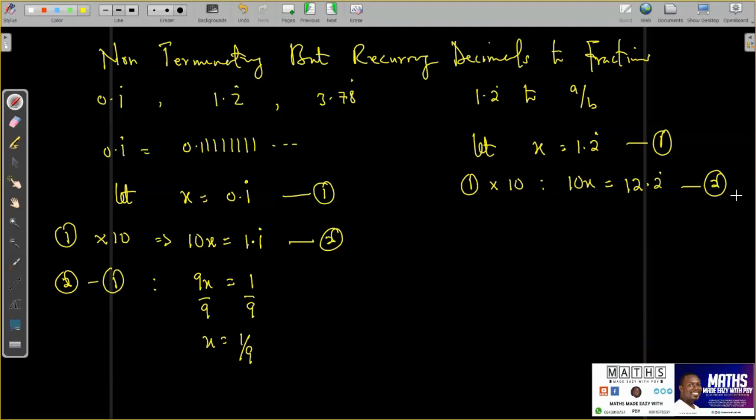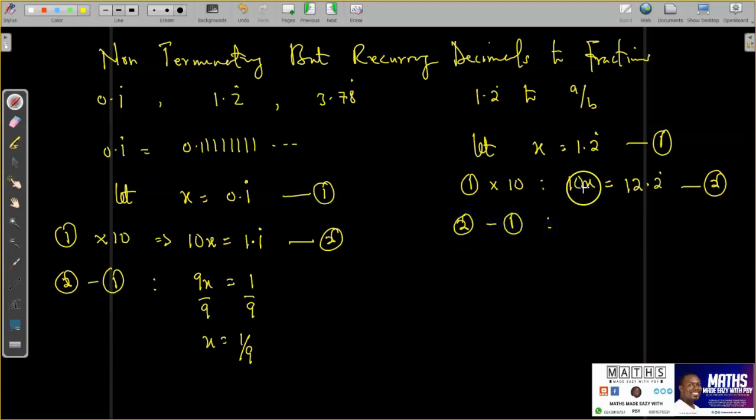So what can we do from equation 1 and 2? Are you sure we divide at this moment? No, you subtract equation 1 from equation 2. Yes, we subtract both equations: equation 2 minus equation 1.